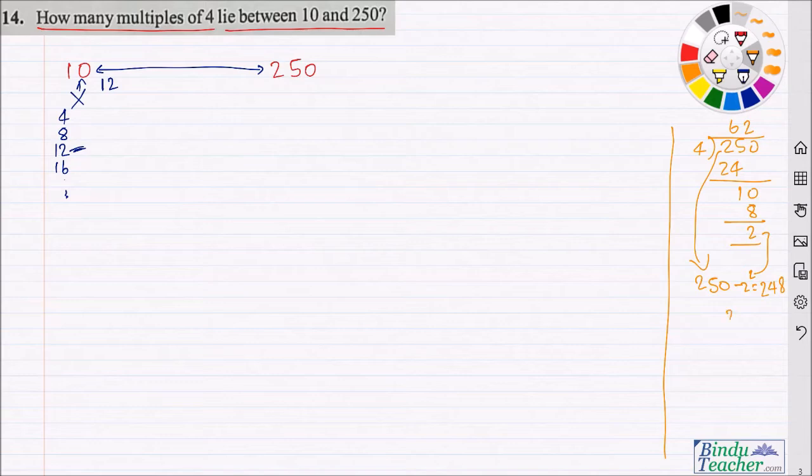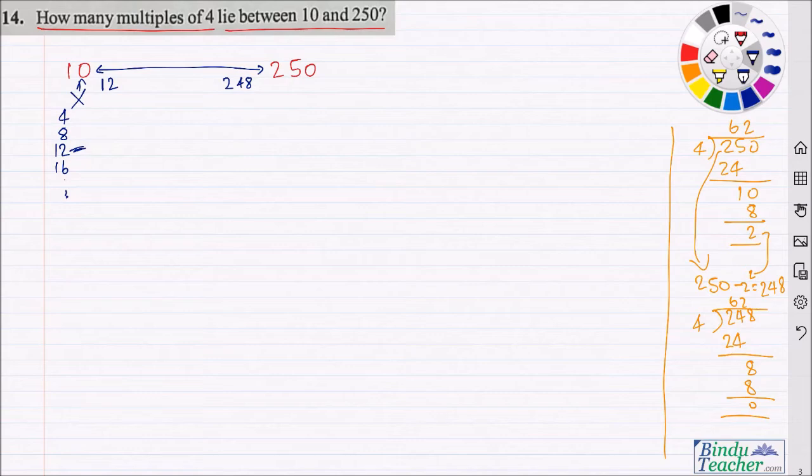Now let's see if 248 can be divided by 4. 4 into 6 equals 24. Then 4 into 2 equals 8 with the remainder of 0. So 248 is the last multiple of 4 before 250. So let me write it here. 248.